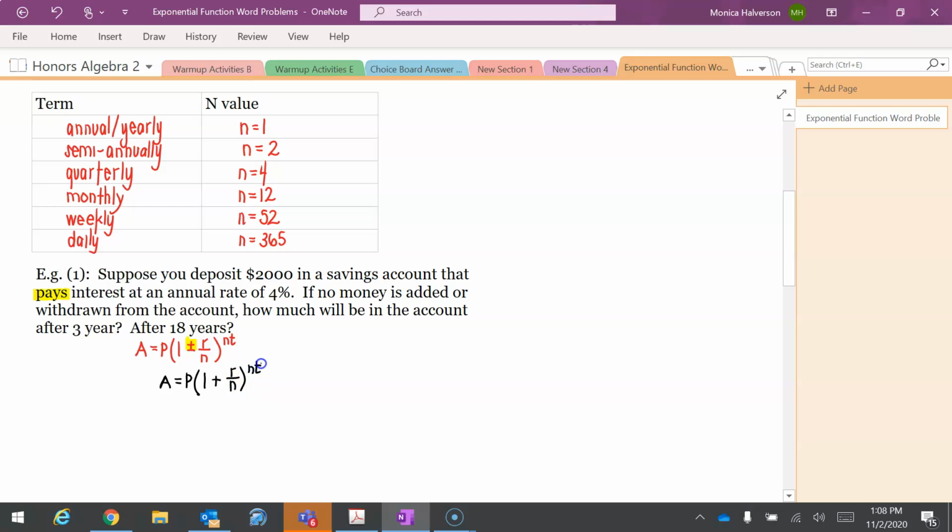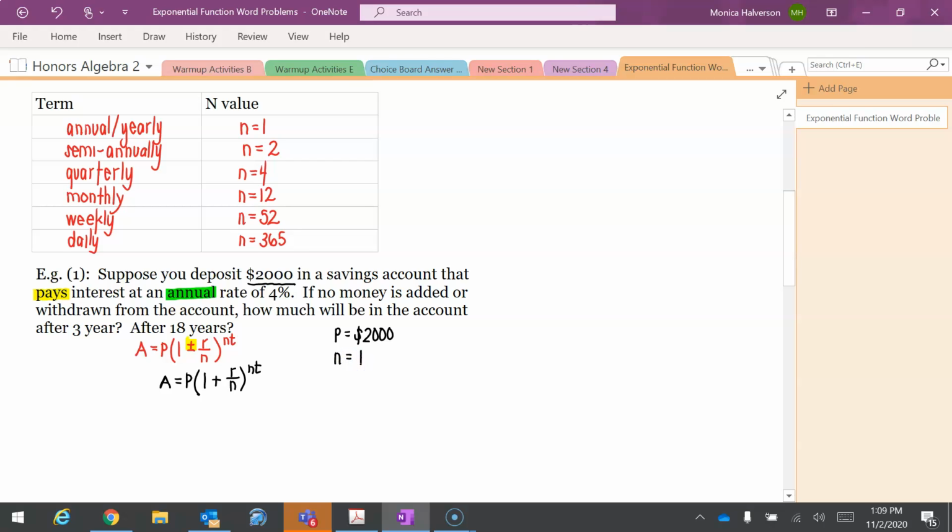Now we have to identify what we know. Suppose you deposit $2,000. That's our starting amount, $2,000, into a savings account that pays annual interest. Annual interest tells us right away our n value is 1.